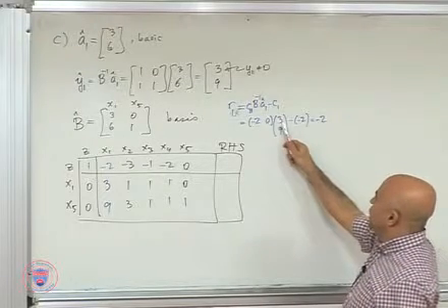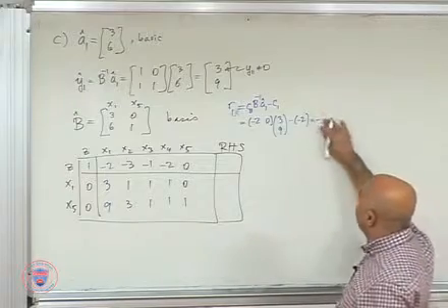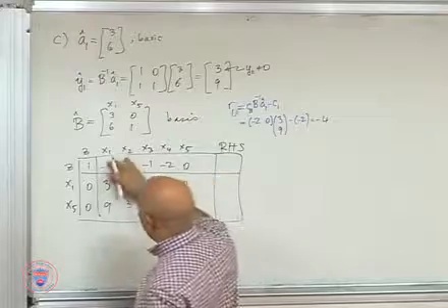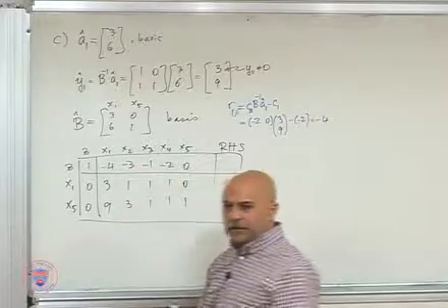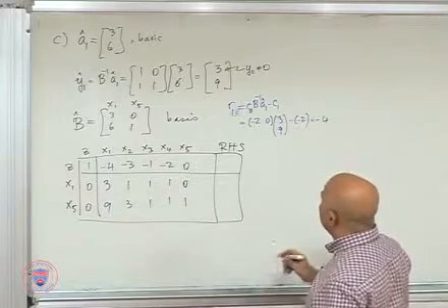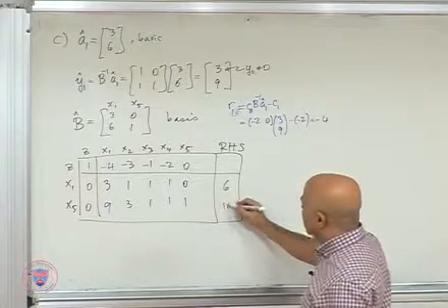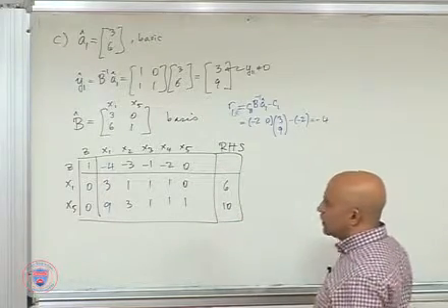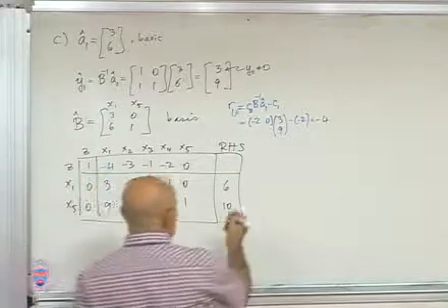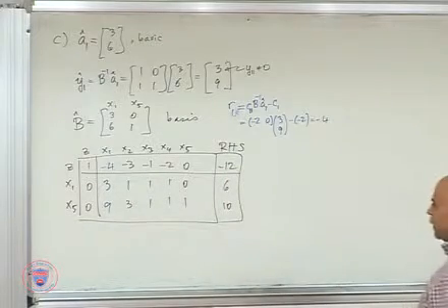Minus 2 times 3 is minus 6, plus 2 is minus 4, sorry. Minus 4, yes. And the right-hand side value is still minus 12 here. Okay.